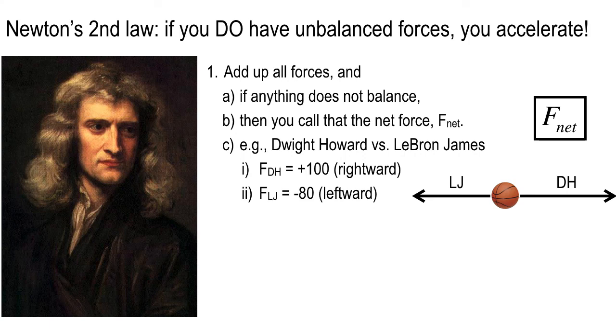So that means you got 20 units leftover. So that's your net force, and it's in the Dwight Howard direction. So Dwight Howard has 20 more that don't balance that LeBron James cannot balance. So he wins. And so that's the way that the acceleration goes. So Dwight Howard gets the ball.